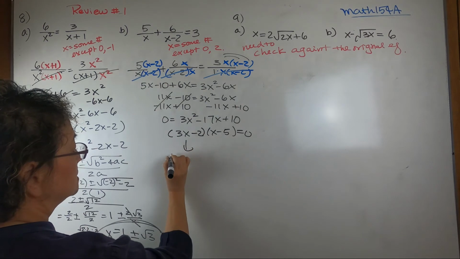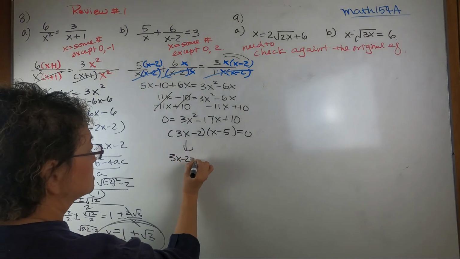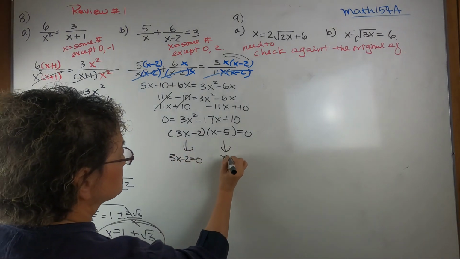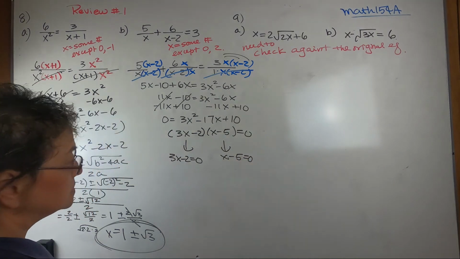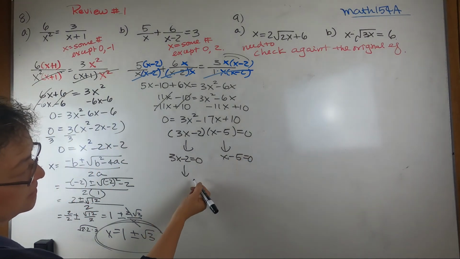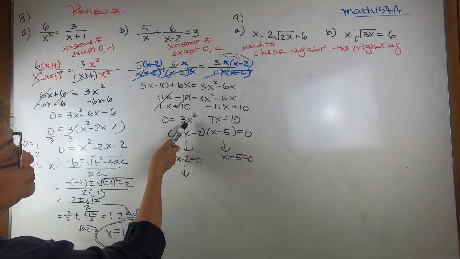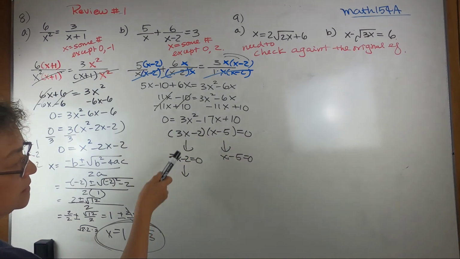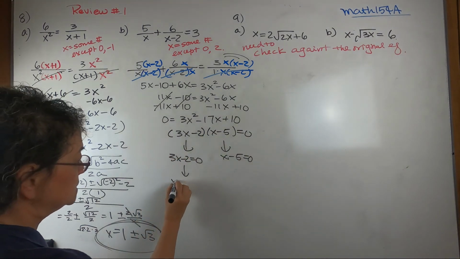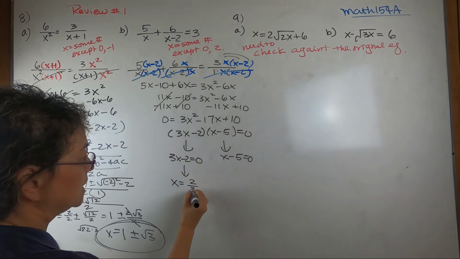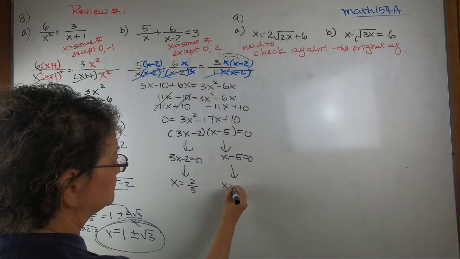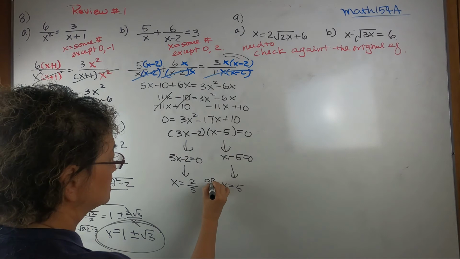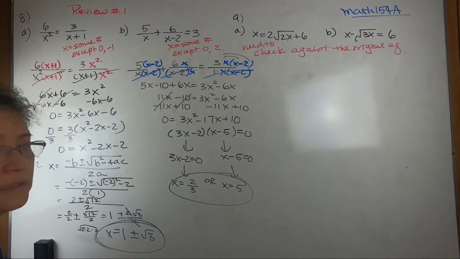So this one, 3x minus 2 is 0, x minus 5 equals 0. So you solve the linear equations. You change it to quadratic equations, then change it to linear equations. So you solve your x, either one. Right?